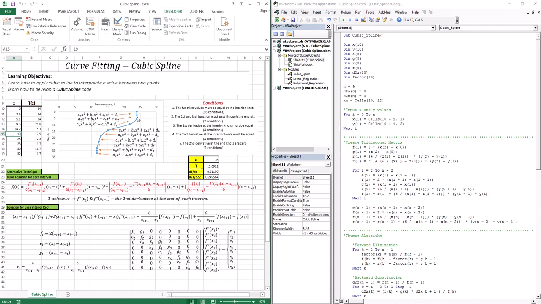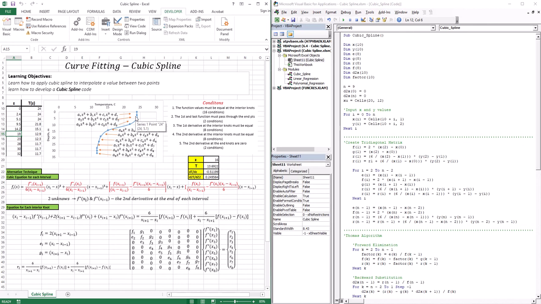We have 8 interior points, right? So if I get the second derivative at each of the 8 interior points, and I know that the second derivative at the end knots is equal to 0, that means I have all the information I need to create the equations, right? Because for each interval, if I have all 8 of the second derivatives, I have the information at the start and end of the interval for all the intervals, right?